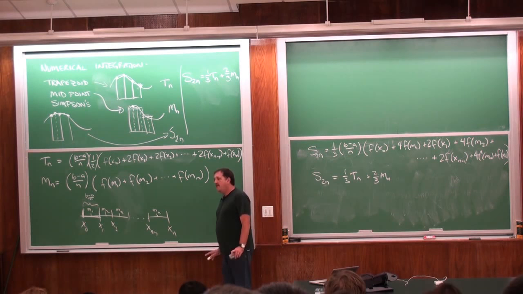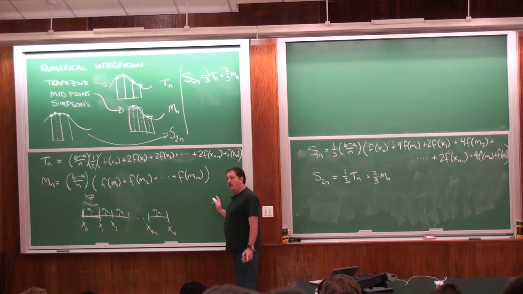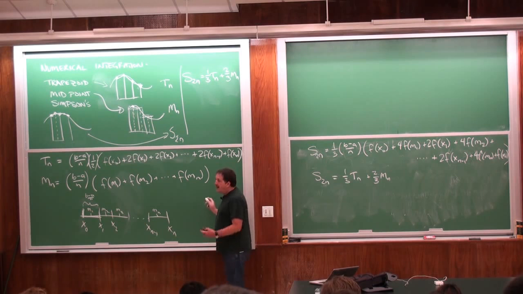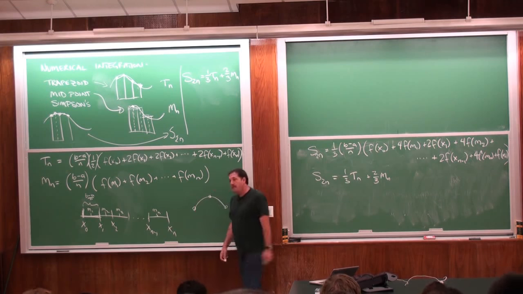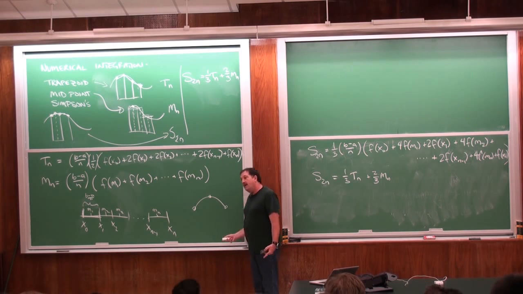The reason it's 4 and 2 and 4 and 2 is because I want to count the middle more. I really don't have time, but I want to find a parabola going through 3 points. When I'm finding a parabola going through 3 points, the middle counts more than the 2 sides. That's why it's 4 and 2. The middle is twice as important as the 2 sides.